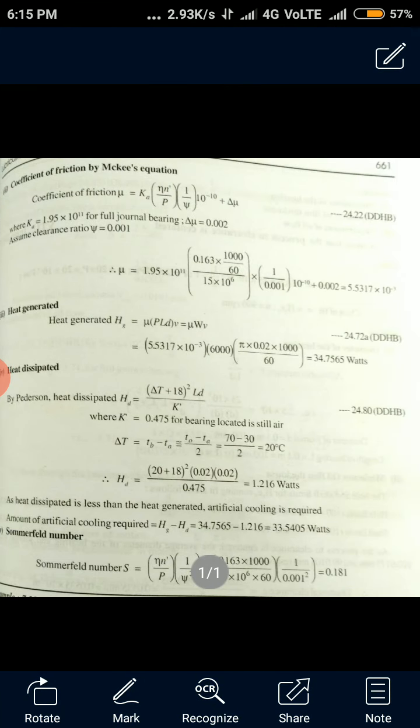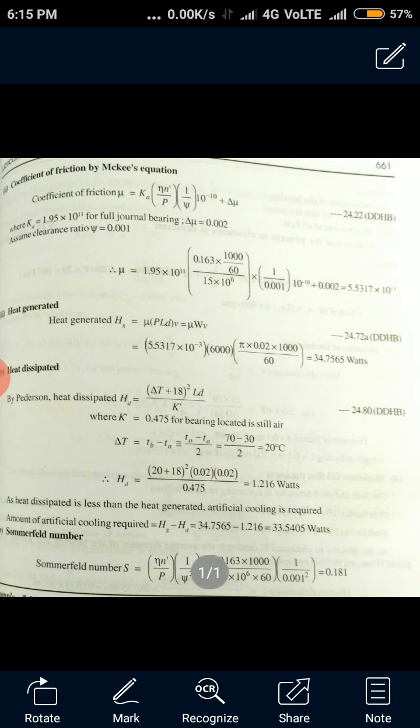Next, coming to the parameter coefficient of friction by McKee's equation, 24.22, use that equation. Here what we need to assume is a diameter clearance ratio, because the C value is not given. Since we don't know the C value, we can make the assumption zeta equal to 0.001, and the mu value we get is 5.53 into 10 to the power minus 5.